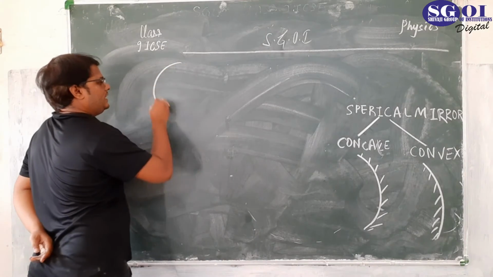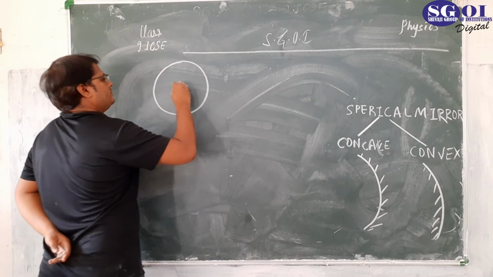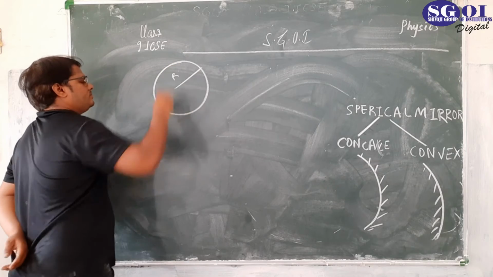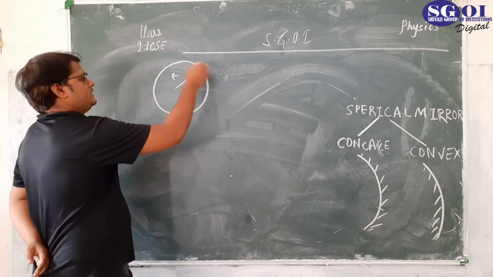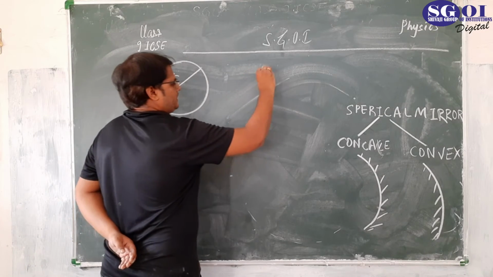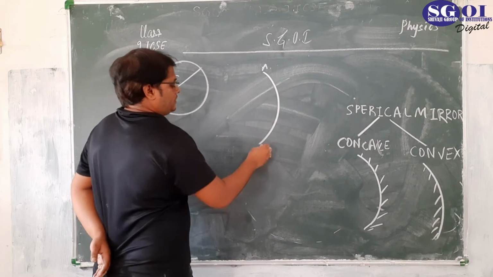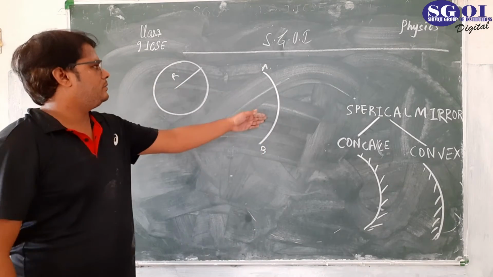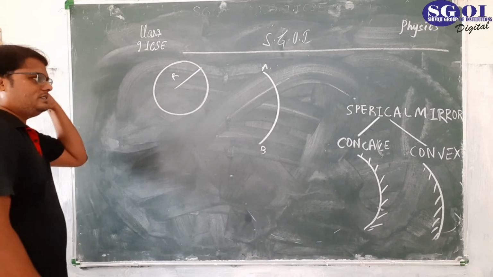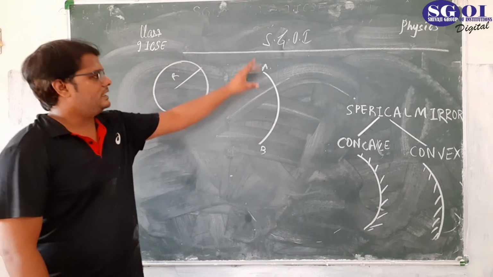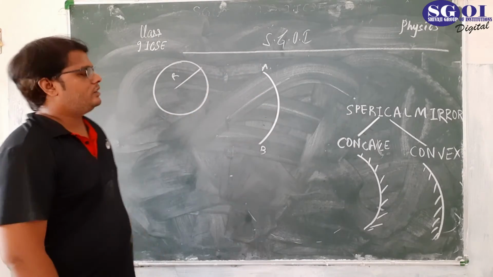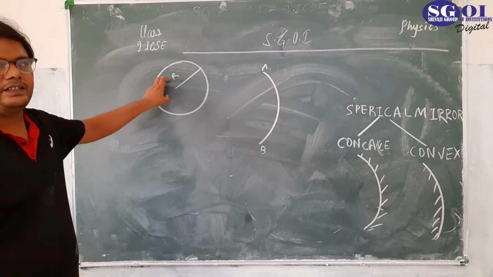Suppose this was our glass sphere with radius r, and part AB was cut from it. It doesn't look like this surface belongs to this sphere, but just try to grasp the concept that this surface AB was cut off from this sphere.